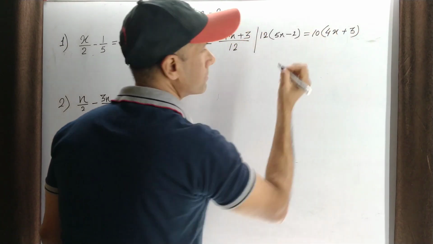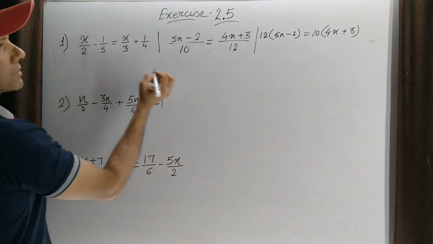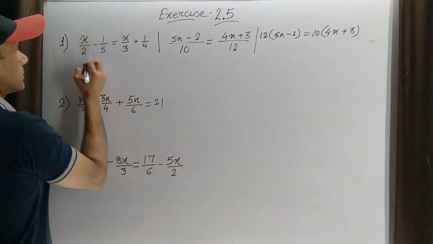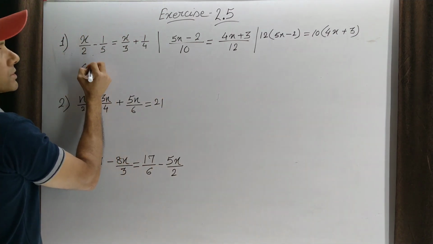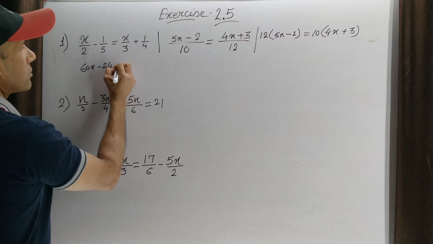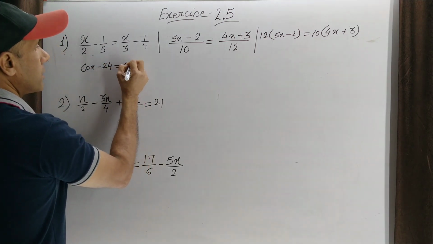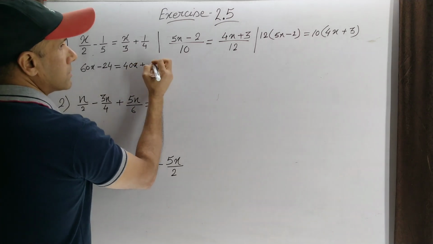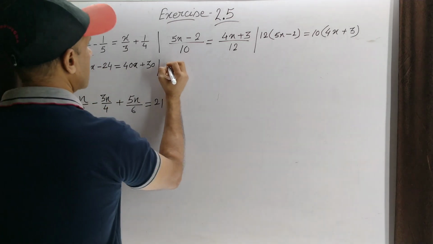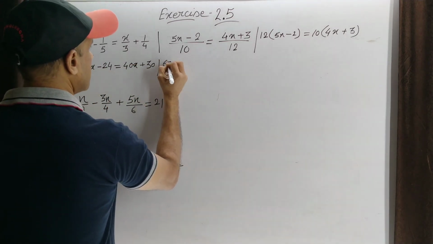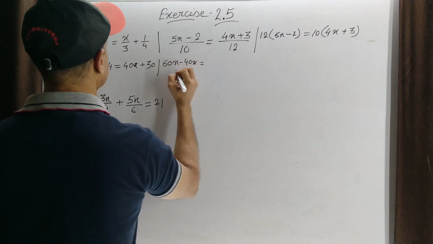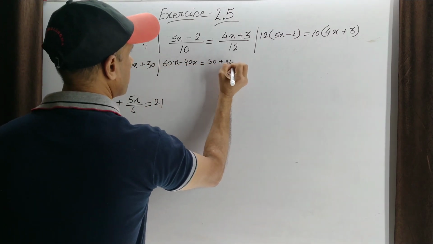You can write it as, we open the bracket, 12 into 5, 60, so we get 60x minus 24 is equal to 40x plus 30. We get it as 40 moves here, we get 60x minus 40x is equal to 30 plus 24.